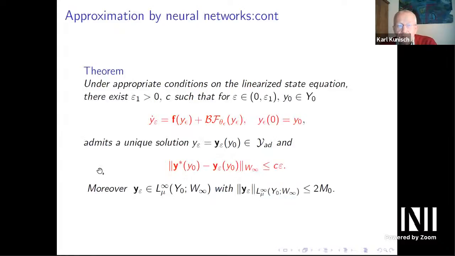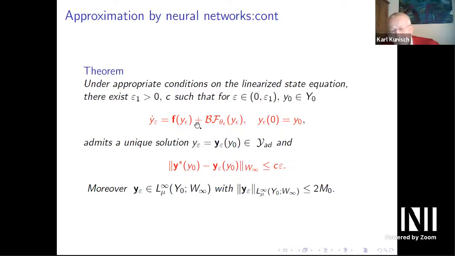Let's go to the proof, to give some analytical validation of what we were doing. Number one: under proper conditions on the linearized state equation, there exists an epsilon such that the closed loops, closed now by the feedback operator based on the neural networks, allow unique solutions and are epsilon close to the optimal solutions based on the optimal network.